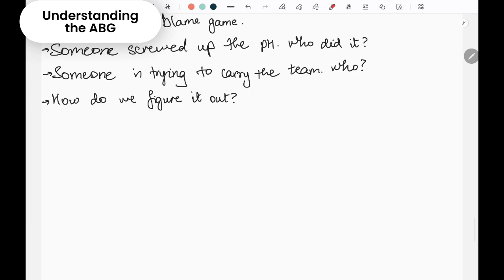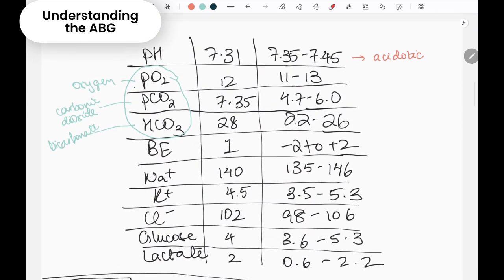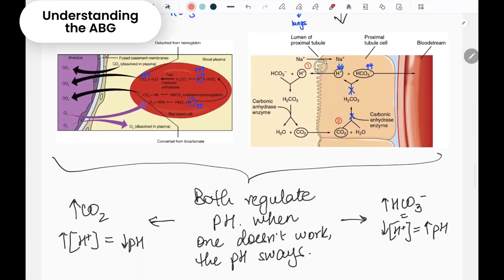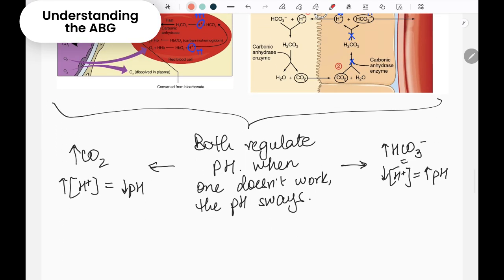Let's say that this patient has acidosis, but they also have a raised PCO2, and they've also got a raised bicarbonate. So both are raised. How am I supposed to know which one's causing the acidosis? Well, we go back to our physiology. When a patient has a decreased pH, it's typically because of a raised CO2.